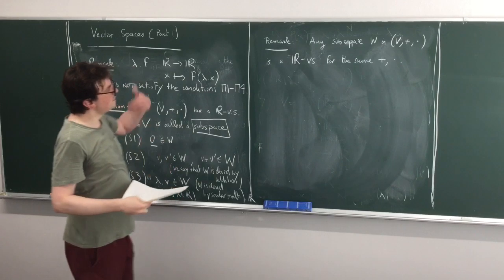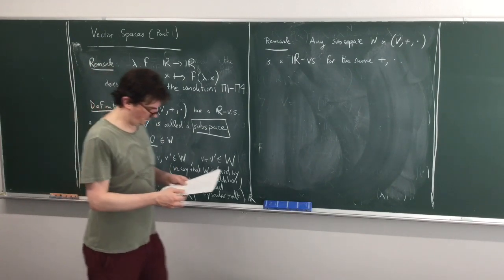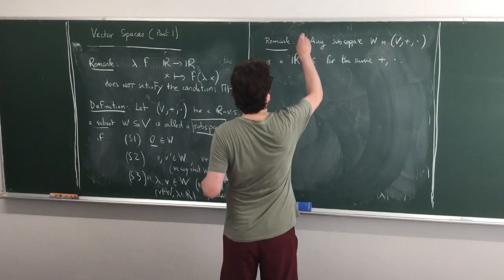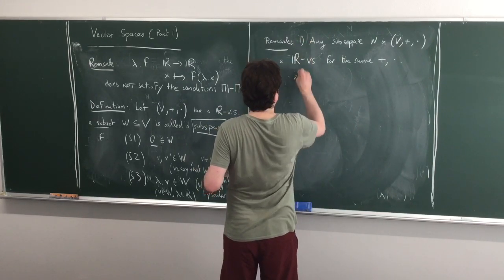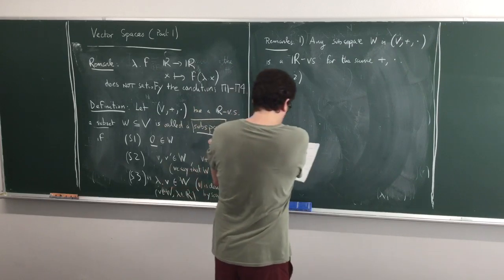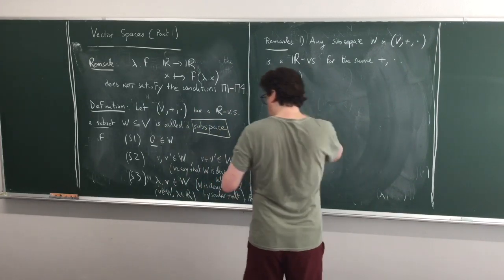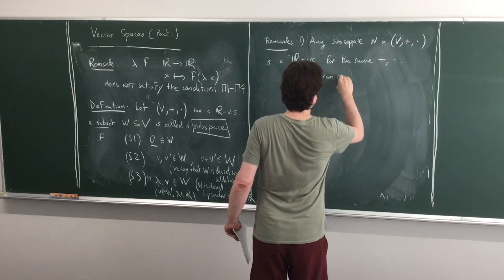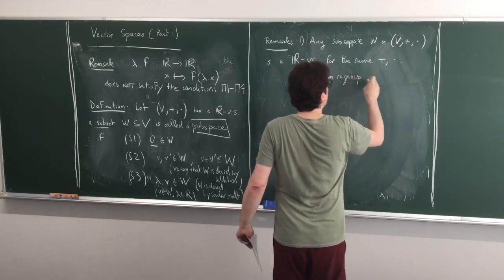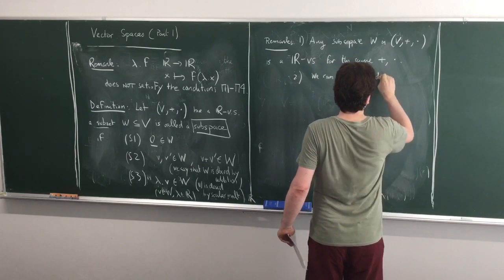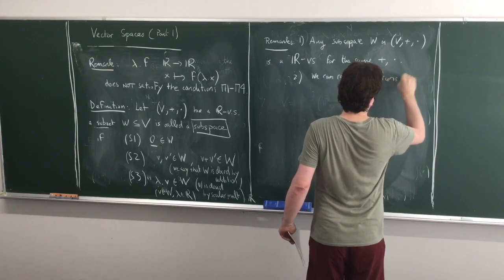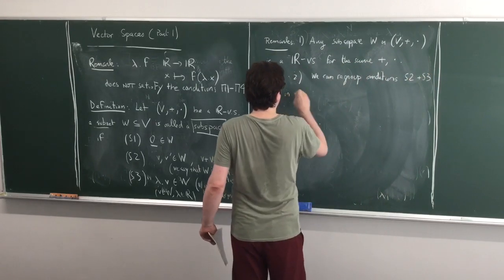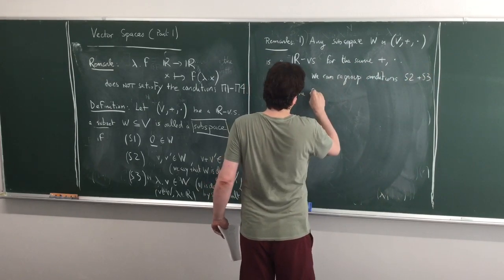So any subspace is an R vector space. And another remark, let's say remark 1 and remark 2, is that we can regroup conditions S2, S3 in the following condition.